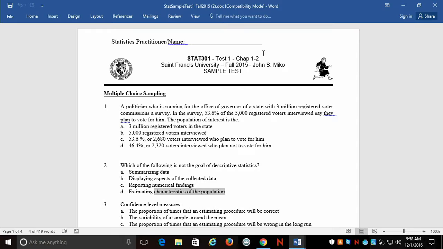How do I display time series data? What was the chart I used for time series data? Line chart, very good. Comparing two sets of interval data, like remember my ice cream sales and temperature. What was the chart we used for that? Scatter diagram. Okay, so chapters 1 and 2. Any questions on that?